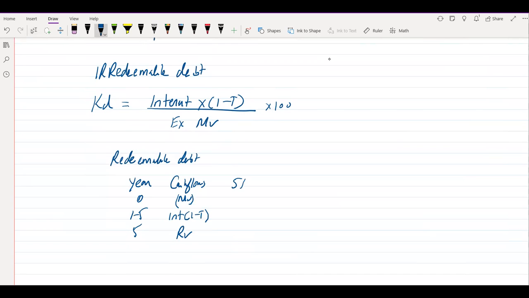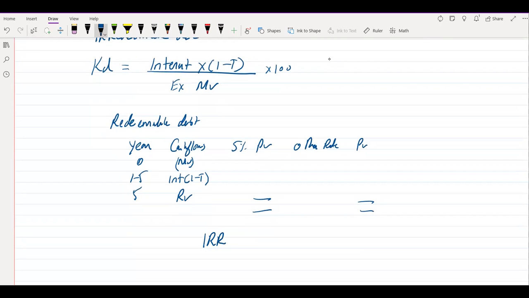First discounting at 5%, second discounting at another rate, and calculate the IRR. That IRR will be equal to the KD. Remember a few points. Whenever you calculate the IRR or KD, put the market value as a negative number and take the after-tax value of interest.